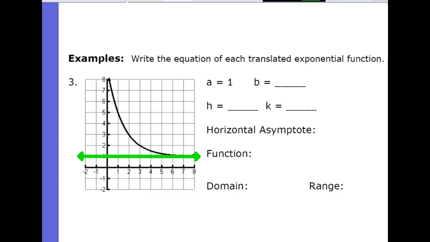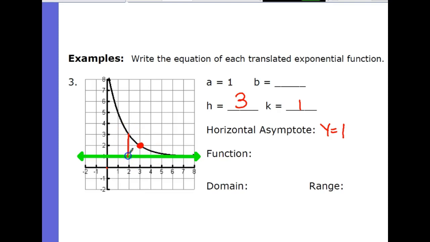On the parent graph, we have an asymptote at 0, but on this graph, we have an asymptote at 1. The key point is still 1 unit above the asymptote, so the x value of that key point is 3. Now, do you see that this is a decay equation? I can't count 1 to the right. It's too small.